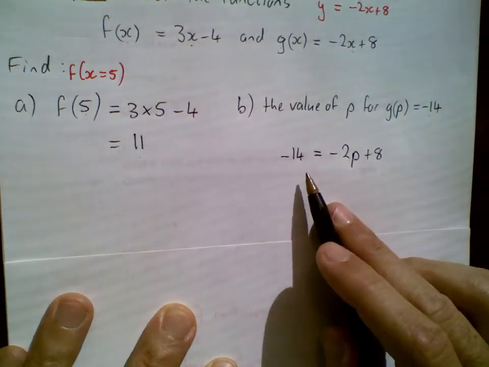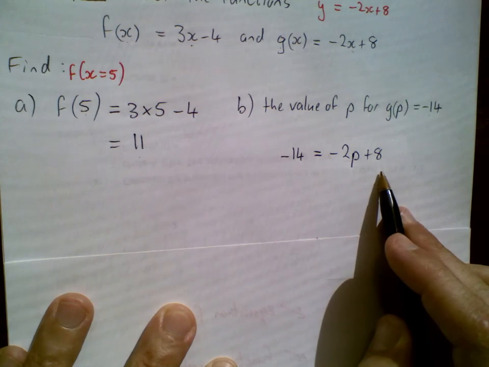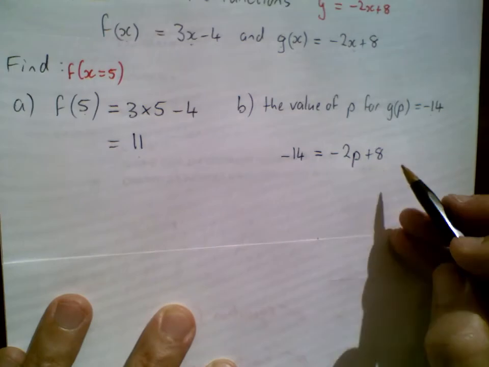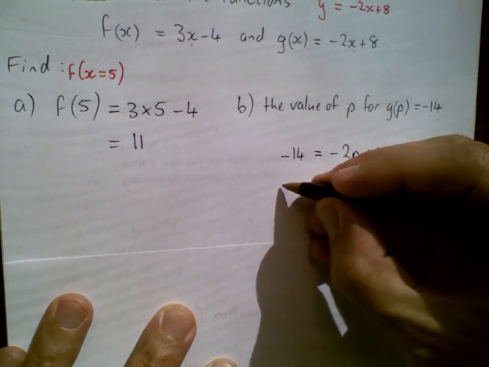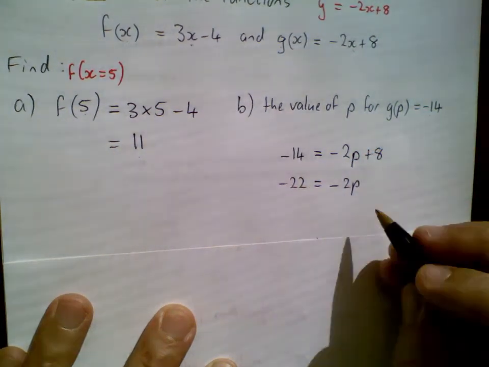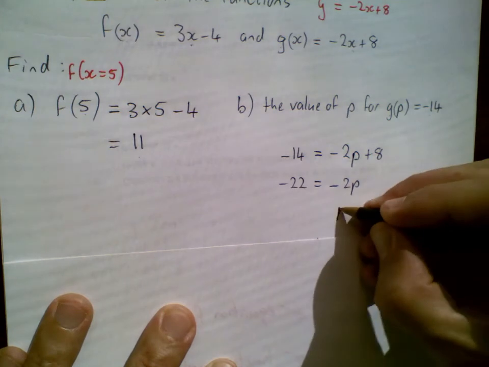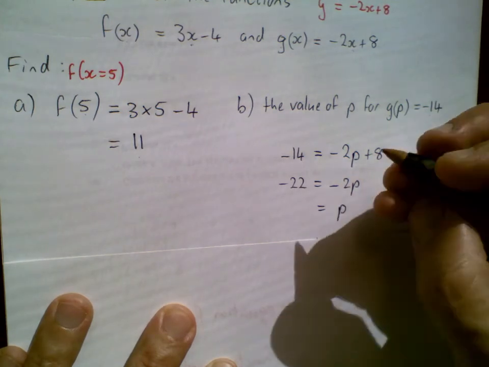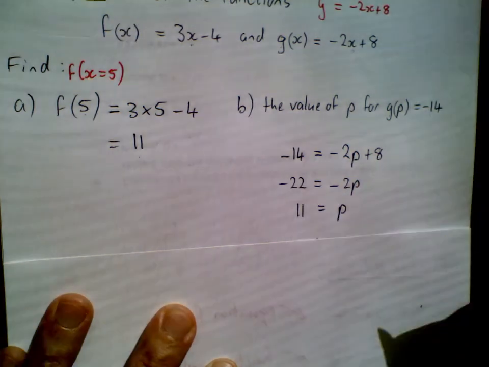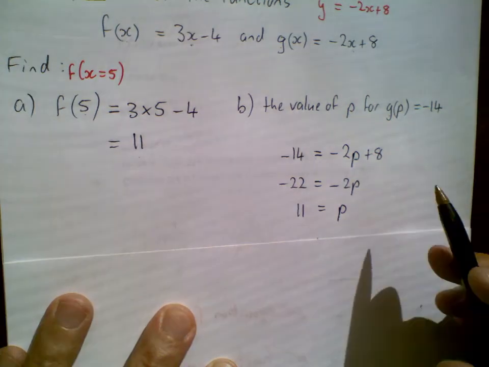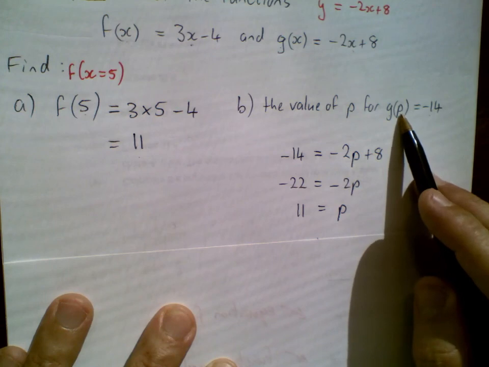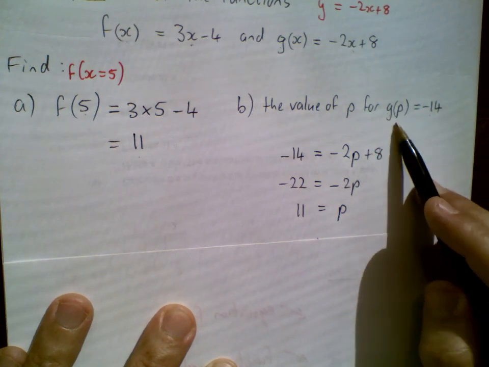We've now got an equation we can easily solve using some balancing. We subtract 8 from both sides, and we end up with negative 2p equals negative 22. Then dividing both sides by negative 2, we end up with p is equal to positive 11. Negative divided by negative gives a positive. So what that means is that at this p value of 11, the function g will be equal to negative 14.